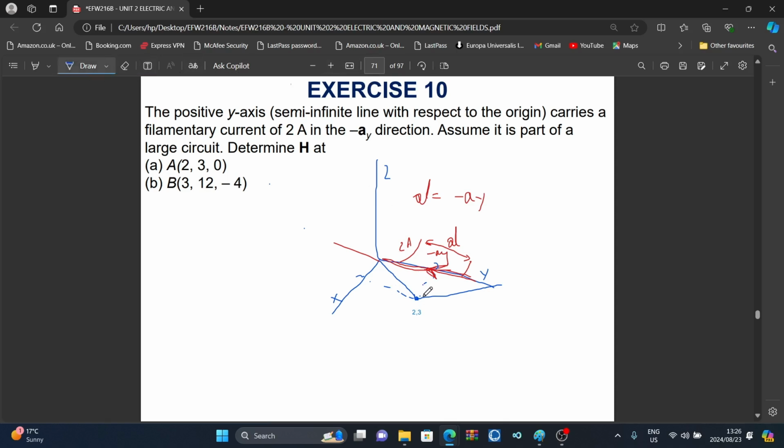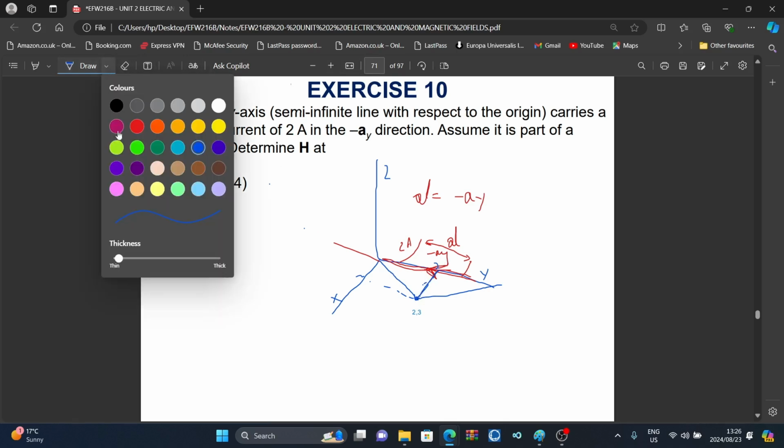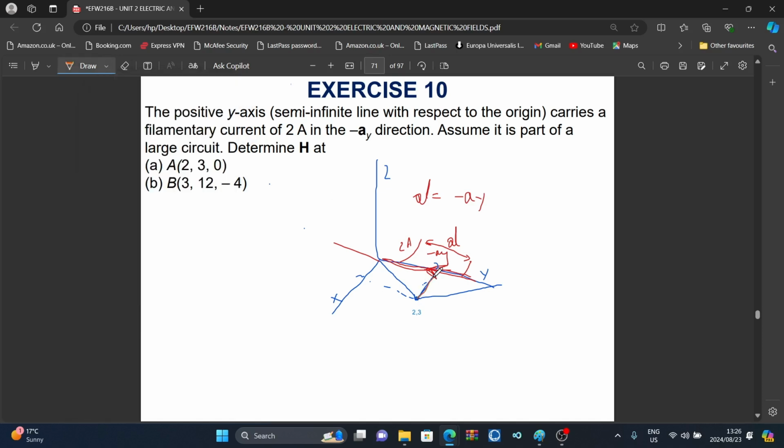Then you see this dotted line here. Let me give it another color, the orange line here. We call it A phi, and A phi is just the direction of that line.